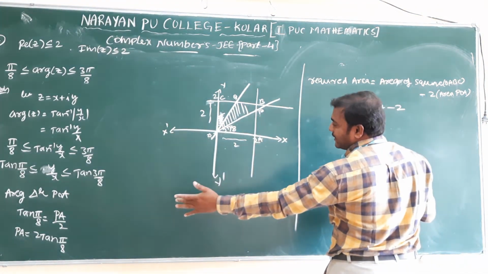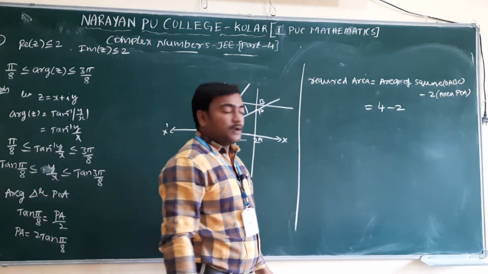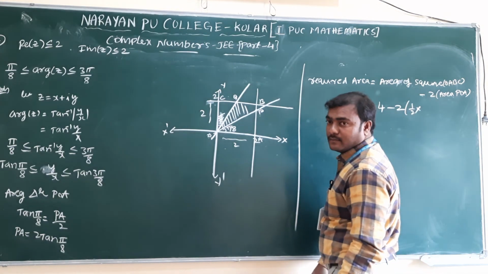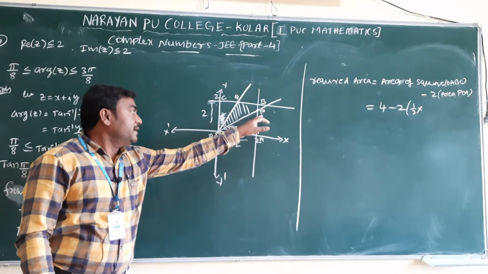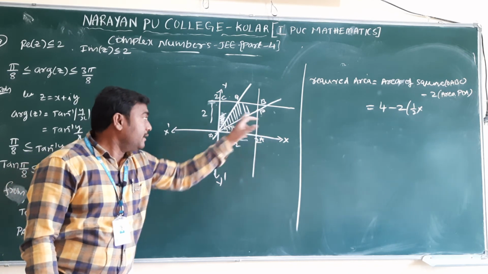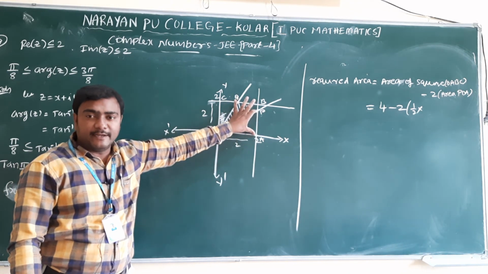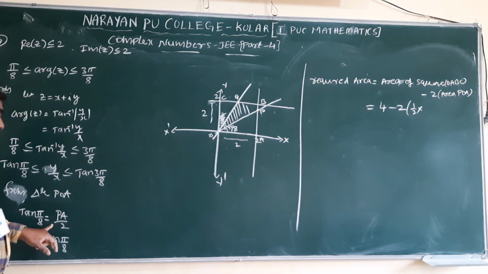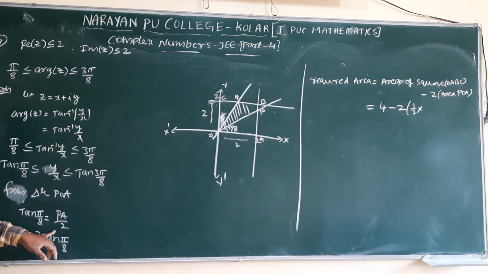So here we are getting the area: half into base into height. From the area of triangle POA, we don't know the value of PA, the height. So we know that tan pi by 8 is equal to opposite by adjacent, PA by 2.